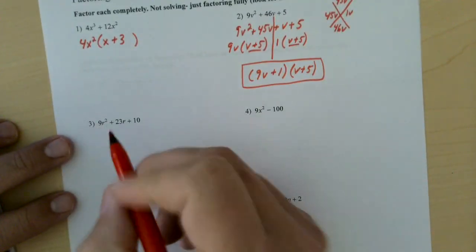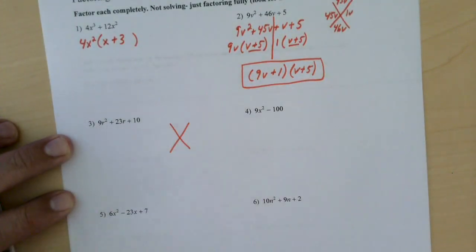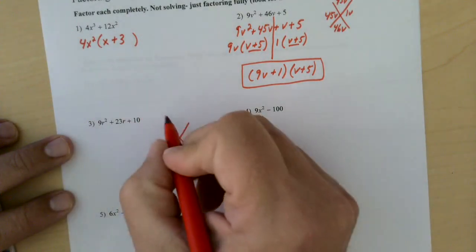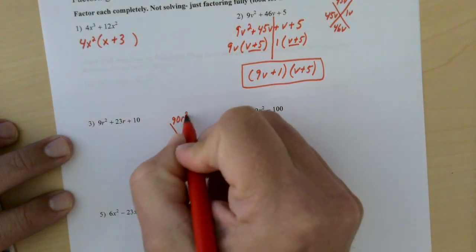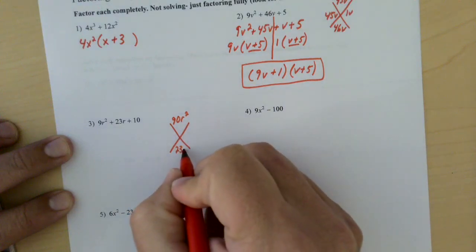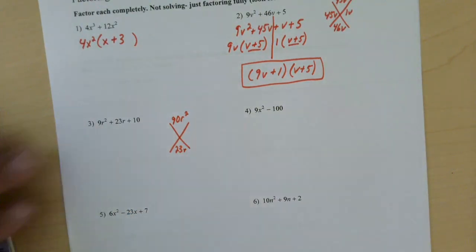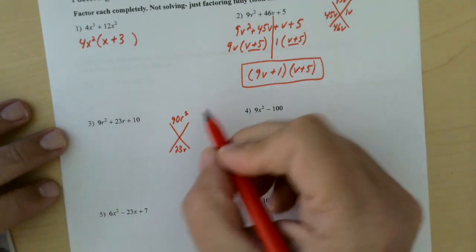Okay, same thing here. There's nothing in common other than a 1. So I'm going to write 90r squared, 23r. And then I'm just going to think of ways of getting 90. Okay, so again, lots of different techniques. I like to just think of starting with 1.